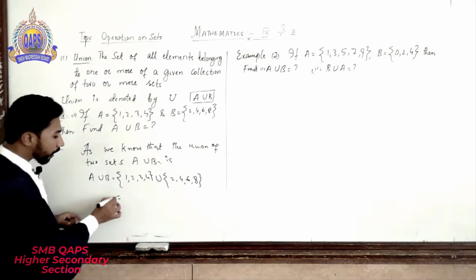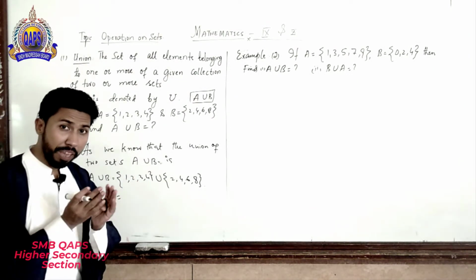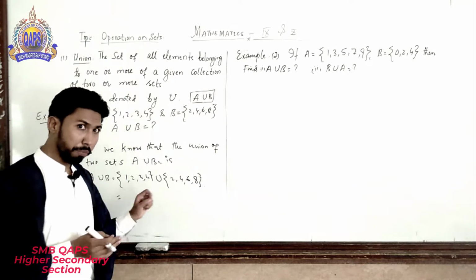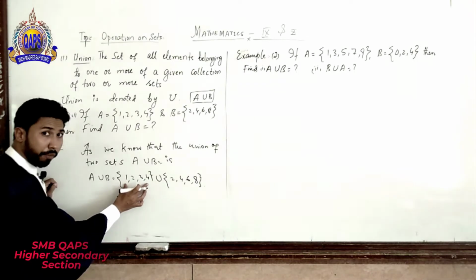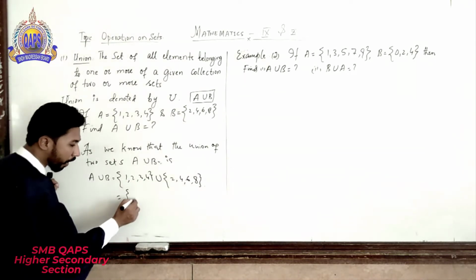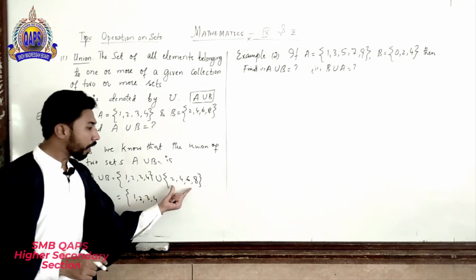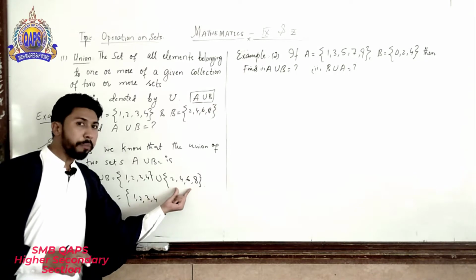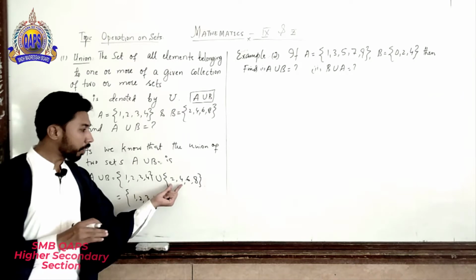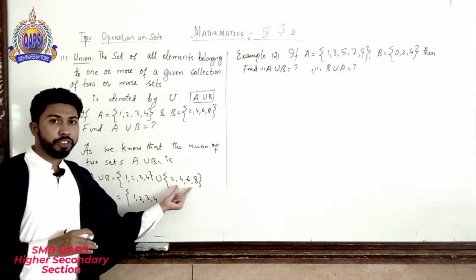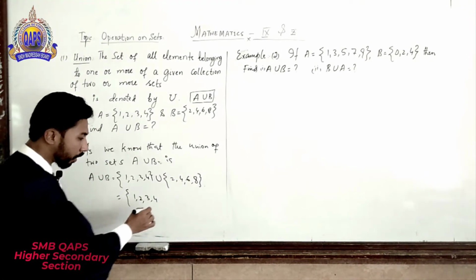In a union we combine the elements of the two sets in a single form. First we write all elements of set A below. Then if elements of the second set already belong to the first set, we cancel them, and those elements which do not belong to set A, we write in the set.